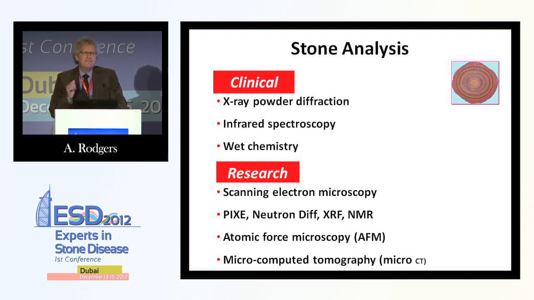The two most powerful techniques are the first two shown there, X-ray powder diffraction and infrared. These are the so-called fingerprint methods because that's exactly what they are. They allow you to identify the stone constituents, and this could be supported by wet chemistry techniques. From the research point of view, there are very powerful physicochemical techniques that allow us to investigate the aspects that I mentioned a moment ago.